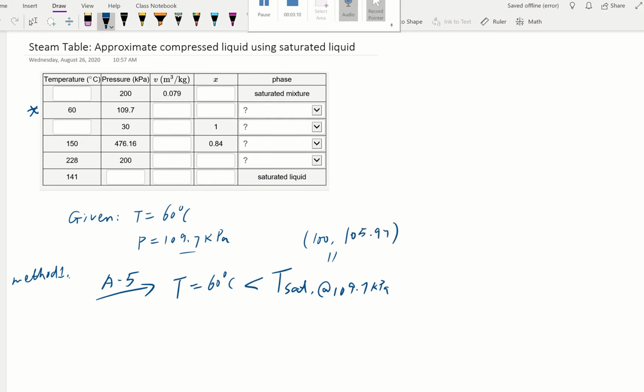So our 60 degrees Celsius is going to be less. Knowing that, we know this is going to be compressed liquid, right? If T is less than Tsat, that's going to be compressed liquid.